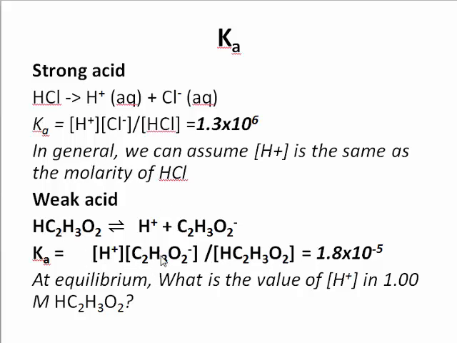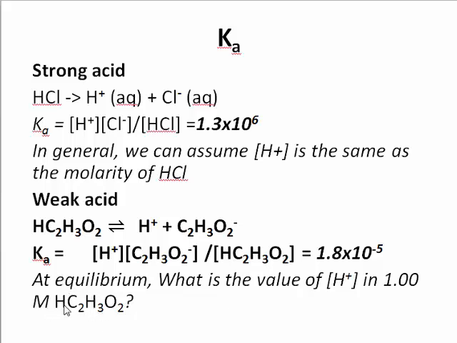Now you can use type 2 equilibrium problems to determine the pH of solutions of weak acids if you know the value of K. For example, at equilibrium, what is the value of H+ in a 1 molar acetic acid solution? Now this is a hypothetical situation in which we take pure acetic acid and add it to water to make a 1 molar acetic acid solution.